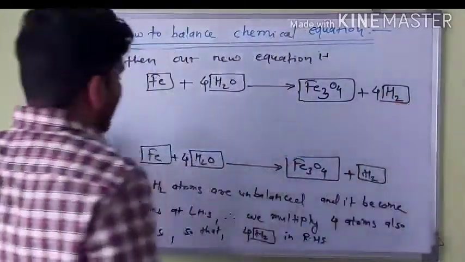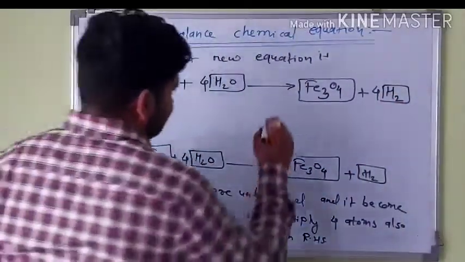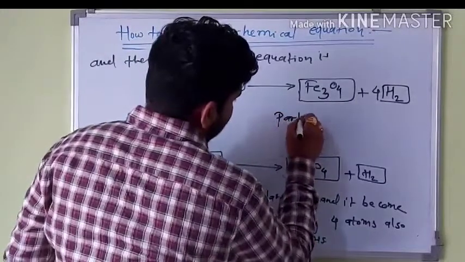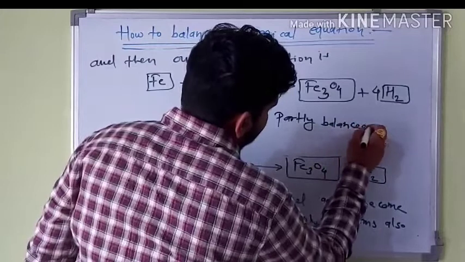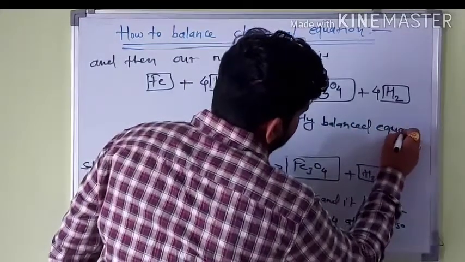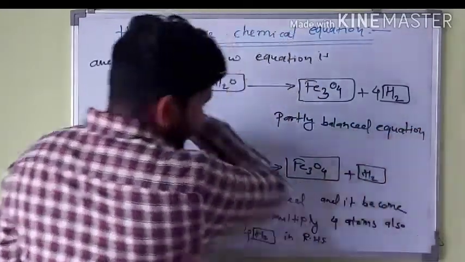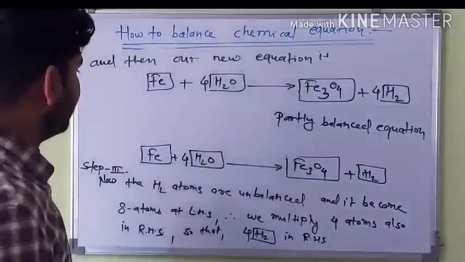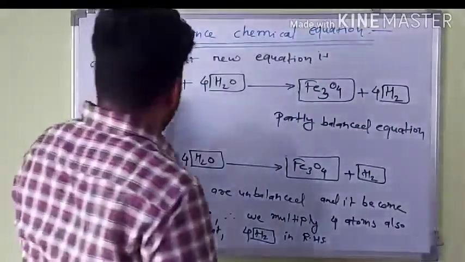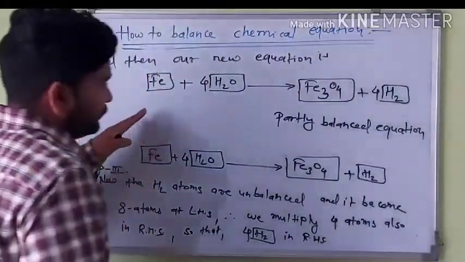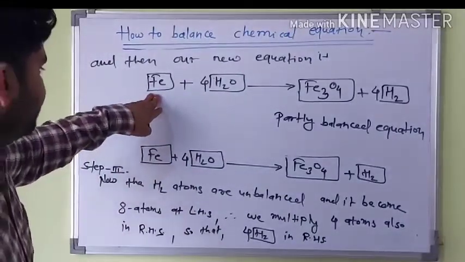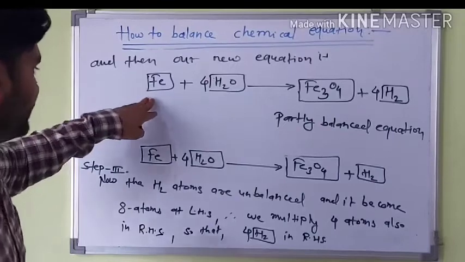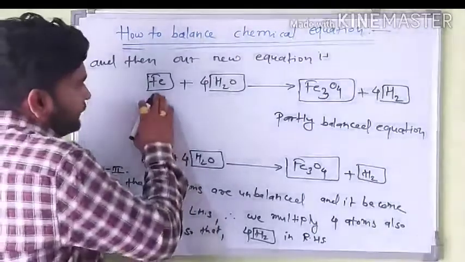Here it is a partly balanced equation. Now only iron Fe remains, which is known as ferrous also. So iron is only remaining.